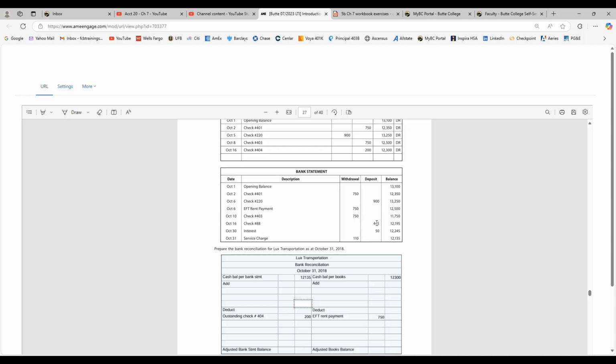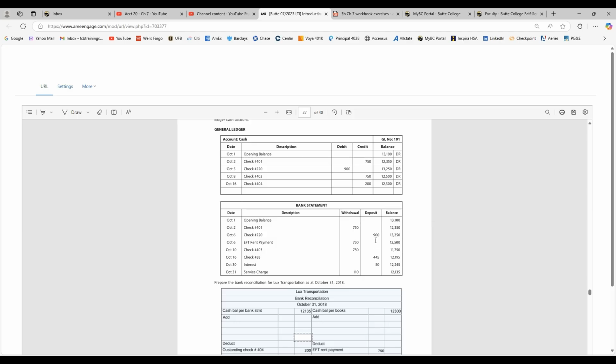So check 88 for $445, that was a deposit. So we don't see that on our side. So that would be per our books. And we're going to call that unrecorded check. This is kind of a weird one because usually you don't really see unrecorded checks.